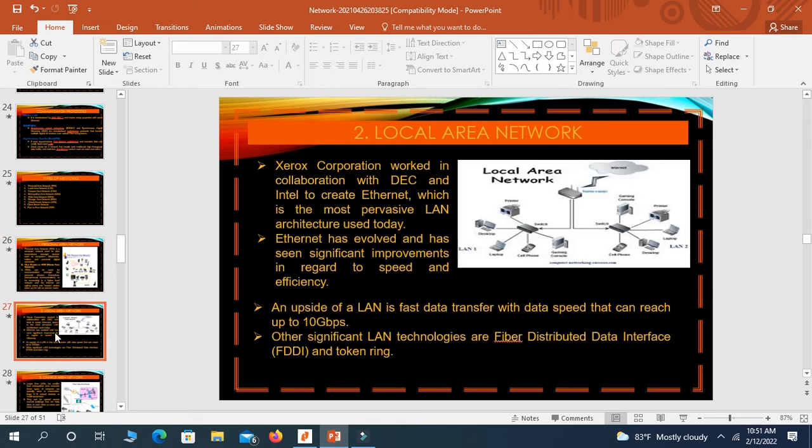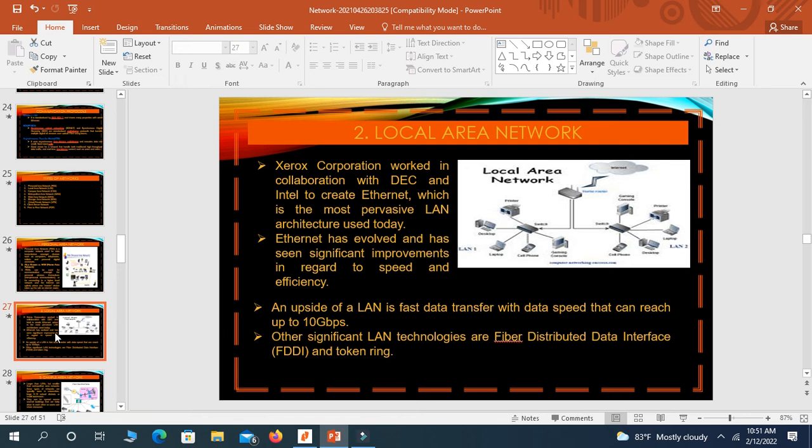Next up we have local area network. Xerox Corporation worked in collaboration with DEC and Intel to create Ethernet, which is the most pervasive LAN architecture used today. Ethernet has evolved and has seen significant improvements in regard to speed and efficiency.